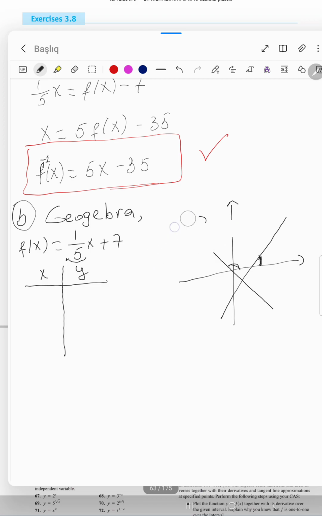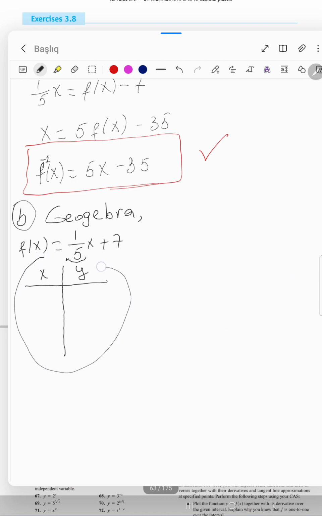But when you have complex functions, please create a table of x and y, put 0, 1, 2, -1, -2, then find the y's, and put them in the coordinate system. But here, this is kx plus b. It's easy to draw, no need to waste time.